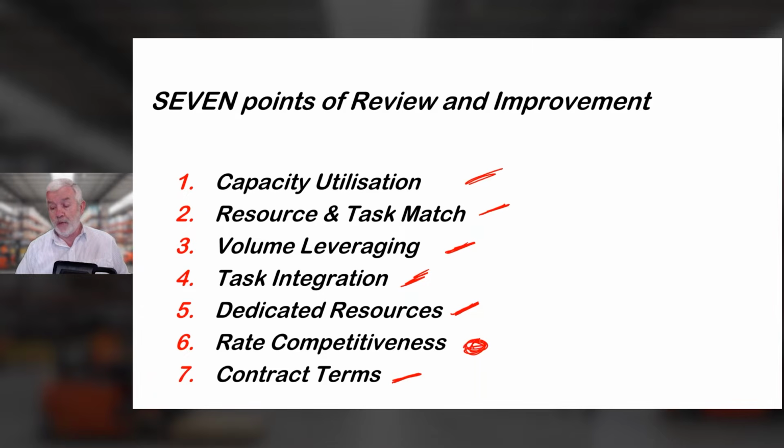But I'm going to spend a fair bit on this rate competitive one because there's something there I want to share with you that I think a lot of people get wrong. And it is not about the specific rate that you pay for a unit. Okay, it's really understanding how rates are put together and how you can get the most benefit from that.